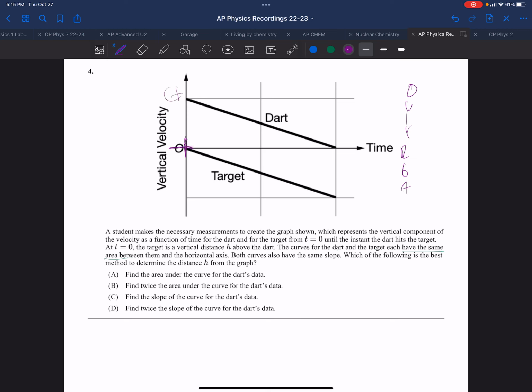So this is positive velocities and this is negative velocities. Y-axis is velocity, x-axis is time, so therefore any questions about velocity and time will be read. The slope, delta v over delta t, is the acceleration, and we should expect the slopes to be the same because they're both accelerating due to gravity. The area is v delta t, which would be the delta z, the vertical displacement.